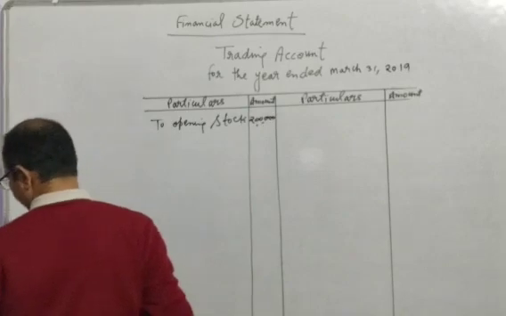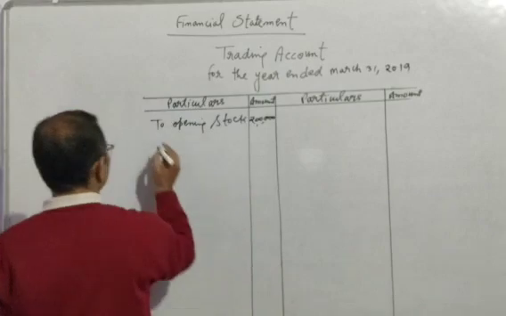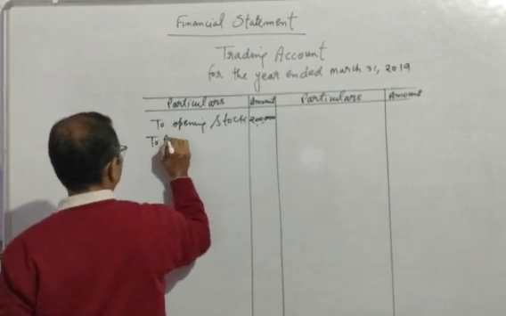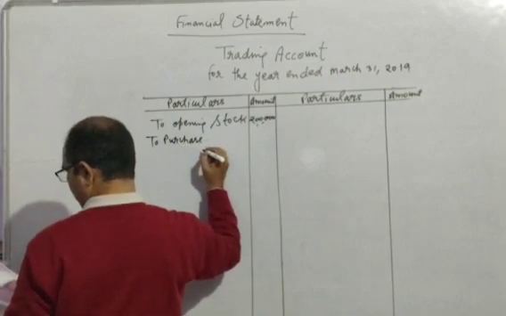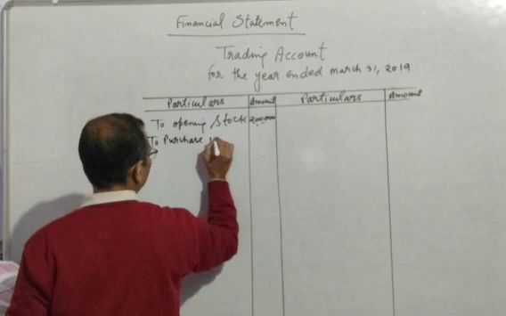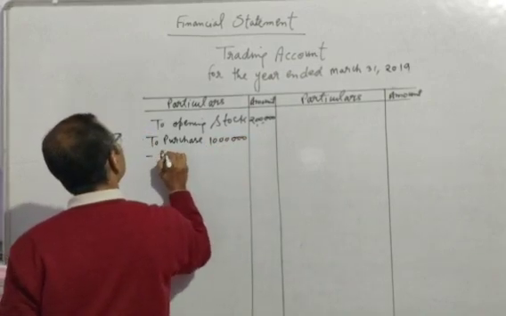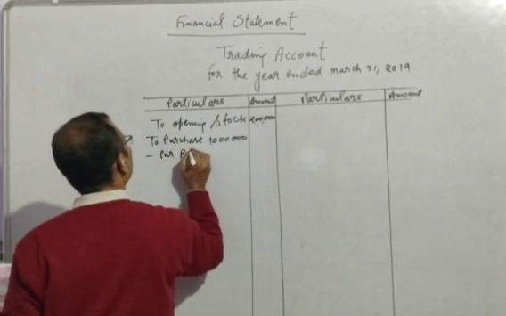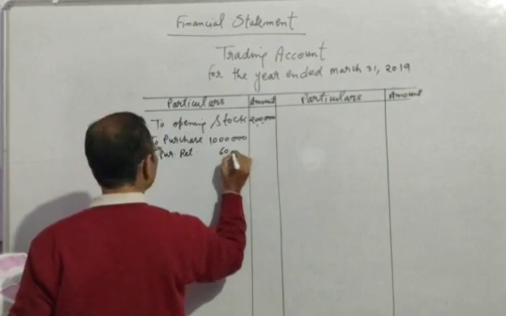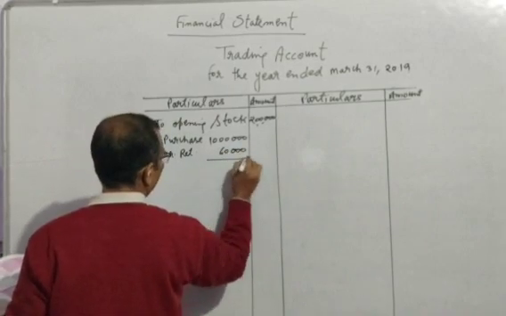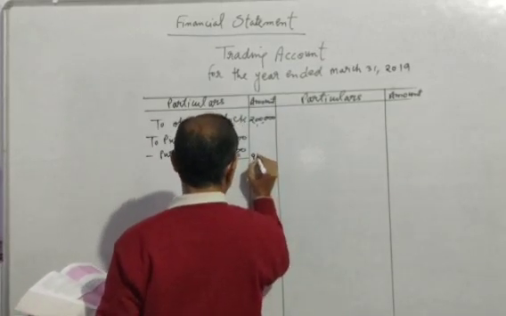After that we will see the purchase, and purchase return is also given in your question, so we will write here to purchase, and the amount is 10 lakh. Now we will deduct purchase return, which is 60,000. This 60,000 will be deducted from 10 lakh and the amount will come to 9 lakh 40,000.